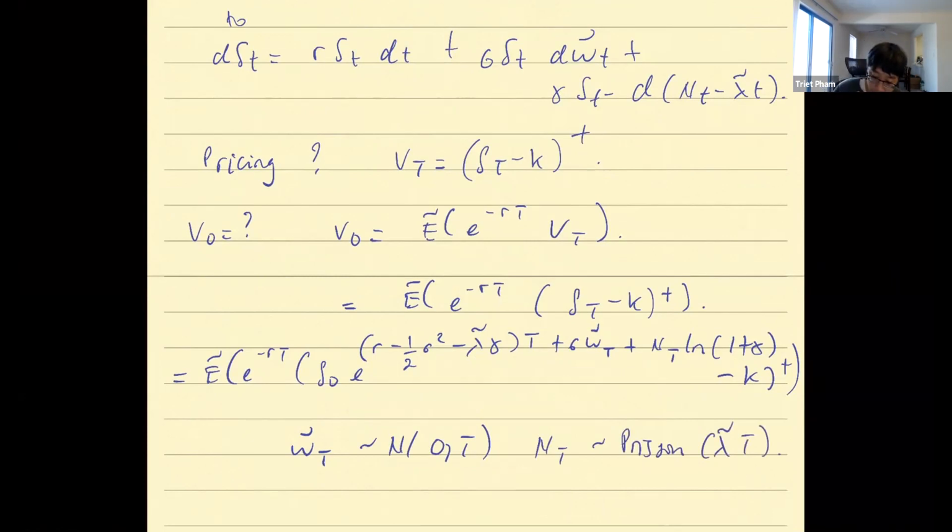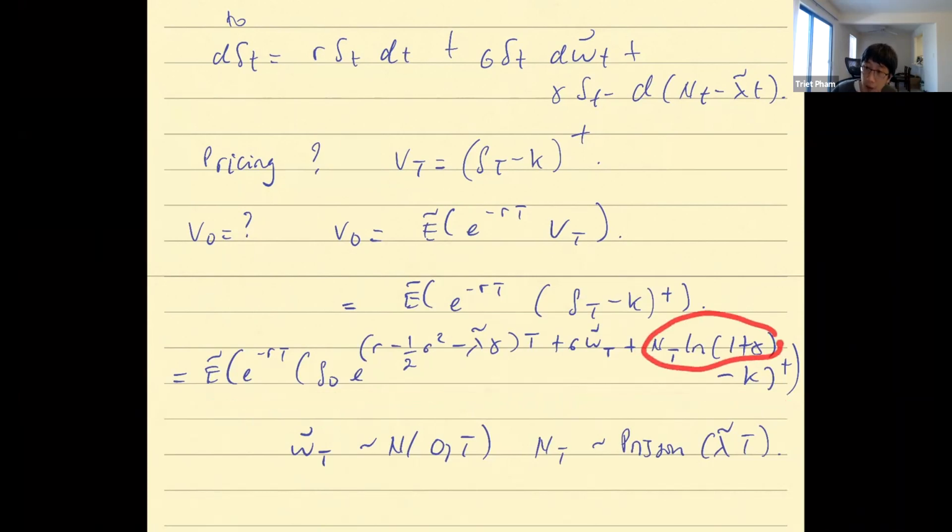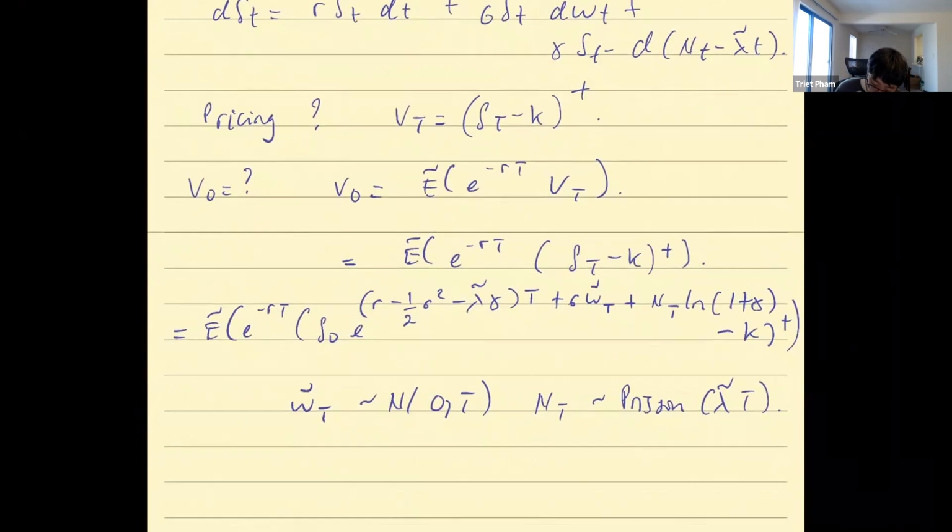But if you want a closed form expression for this like Black-Scholes, there's no such thing. Why? Because you have the Poisson component here, so no nice closed form expression.